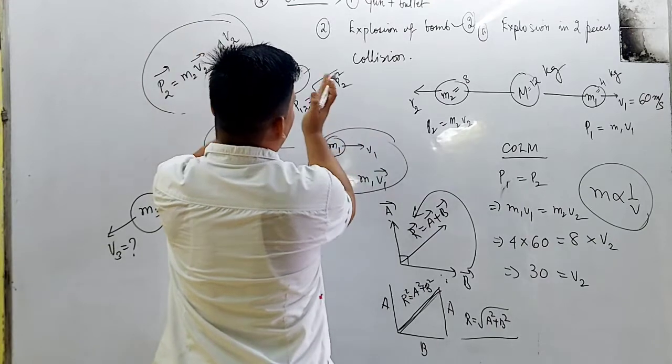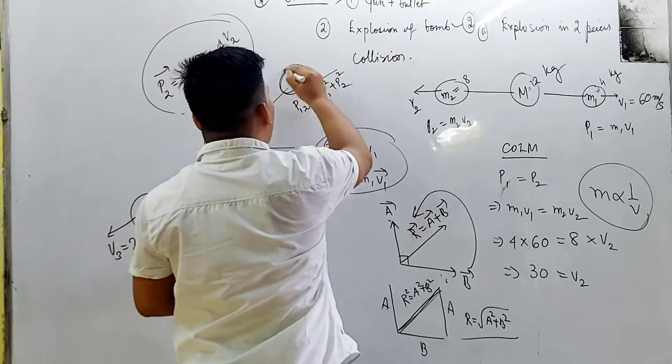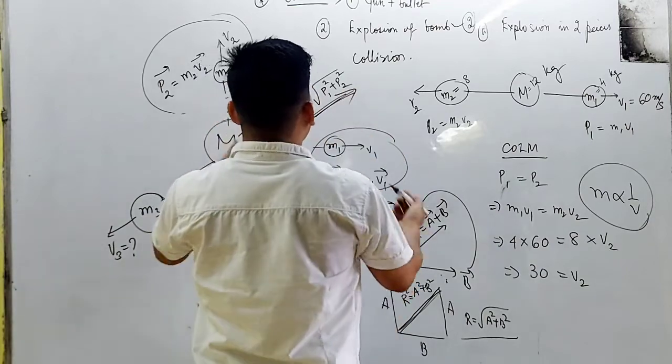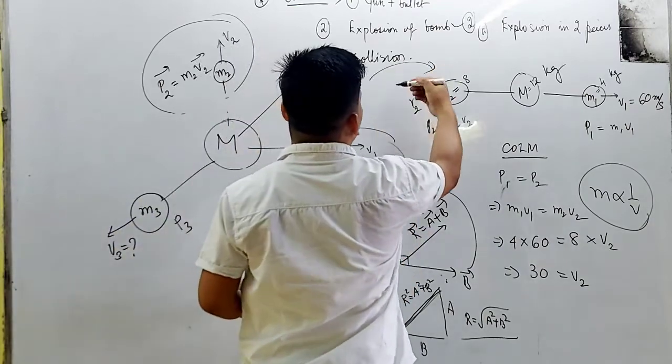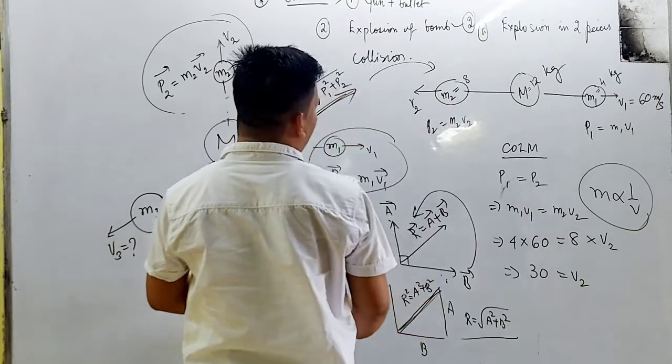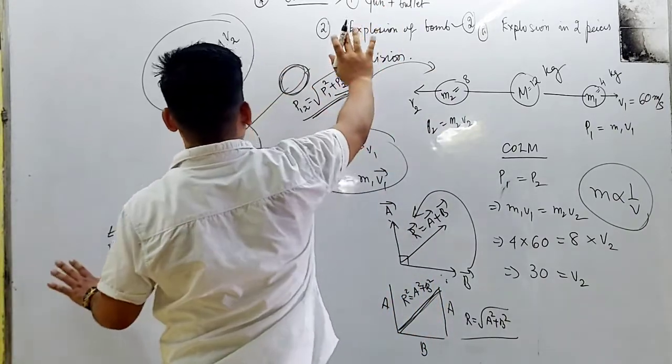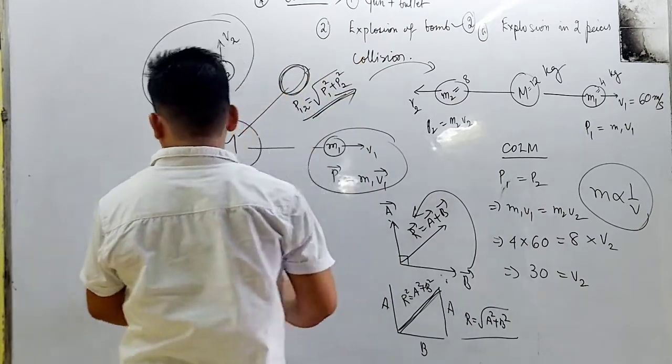This is added together and it will produce one single momentum P12 in this direction. Now we are reduced to this similar condition: first fragment in this direction, second fragment in this direction. So P12 is equal to P3.